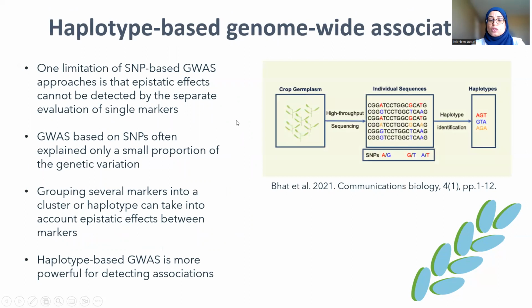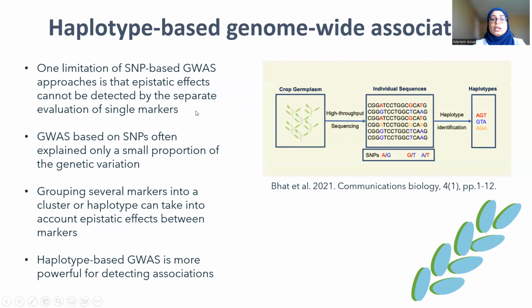Another method that was proposed is to use haplotype-based GWAS instead of SNP-based GWAS. One limitation of the GWAS is that it doesn't detect the epistasis that is present between markers, the interactions between SNP markers.